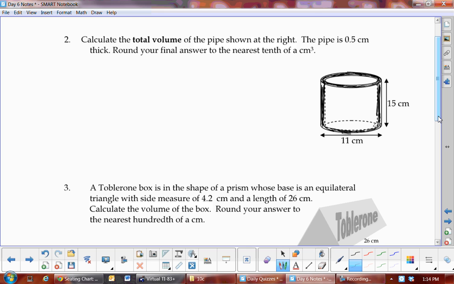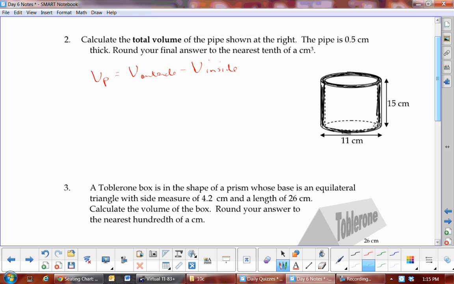Well, take the big one minus the volume of the one inside, and you should be left with the pipe. Okay? So what we'd want to do is find the volume of the pipe: you'd find the volume of the outside minus the volume of the inside, right? Or the air.